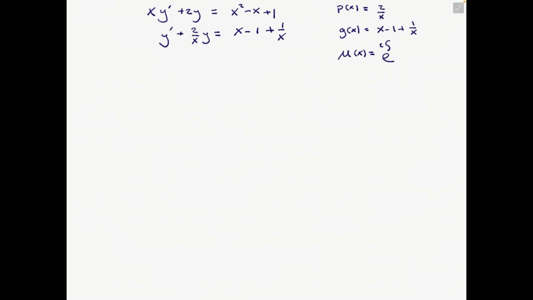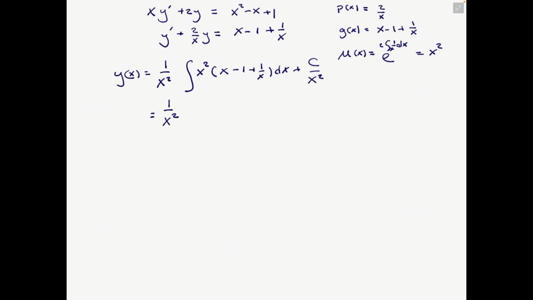And we've done enough of these to show that. And so we end up with, using our theorem, x squared times x minus 1 plus 1 on x dx plus c on x squared.